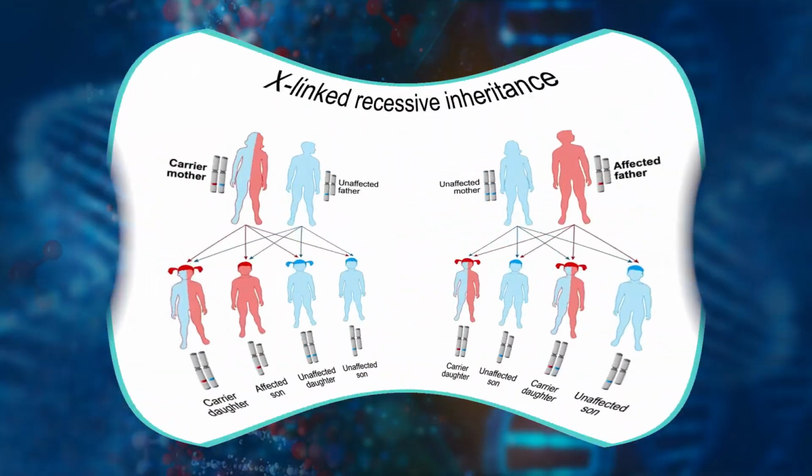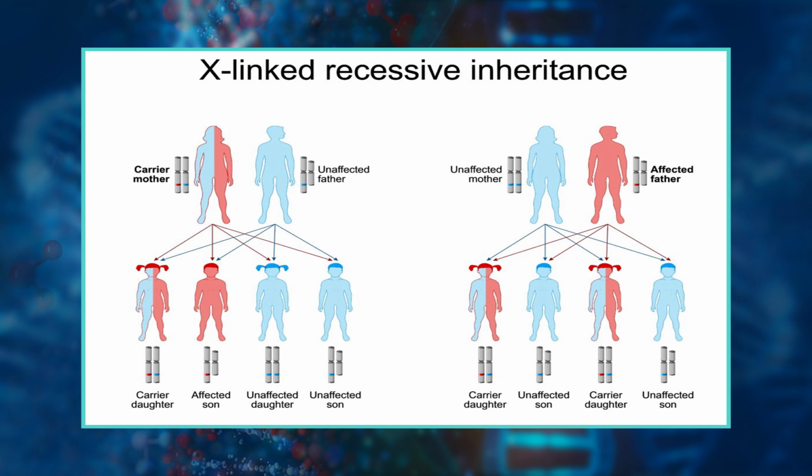With X-linked recessive disease, males either have the disease or are genotypically normal, they cannot be carriers. Females, however, can be genotypically normal, a carrier who is phenotypically normal, or affected with the disease. A daughter can inherit the gene for an X-linked recessive illness when her mother is a carrier or affected or her father is affected.